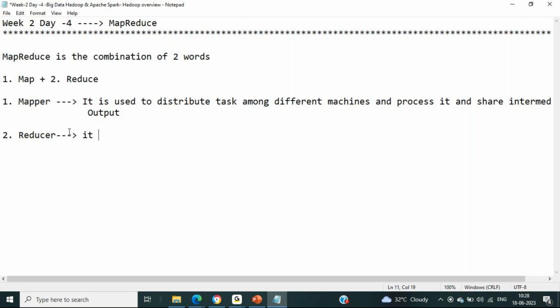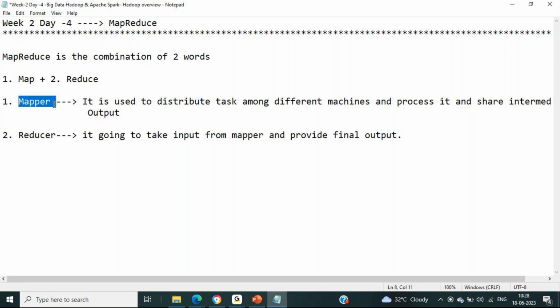It is going to take input from mapper and provide the final output. That is fine now. This is the intermediate step, and this is the final step that we are having inside the Hadoop ecosystem, and we will be able to get the final outcome from the reducer.